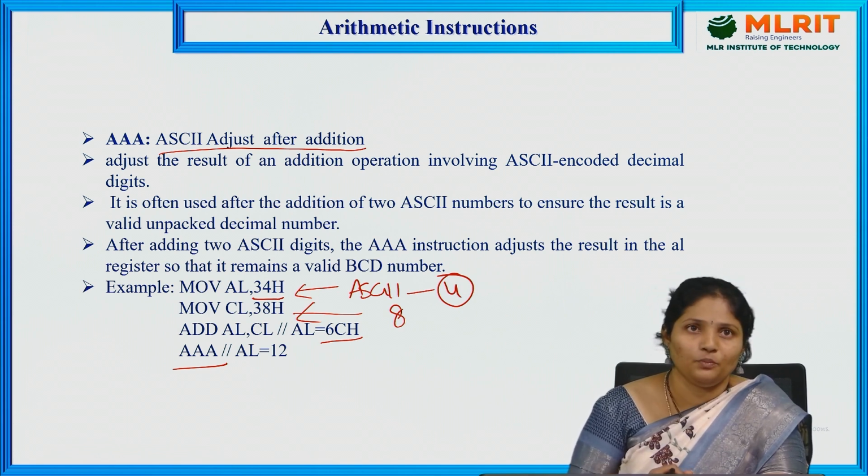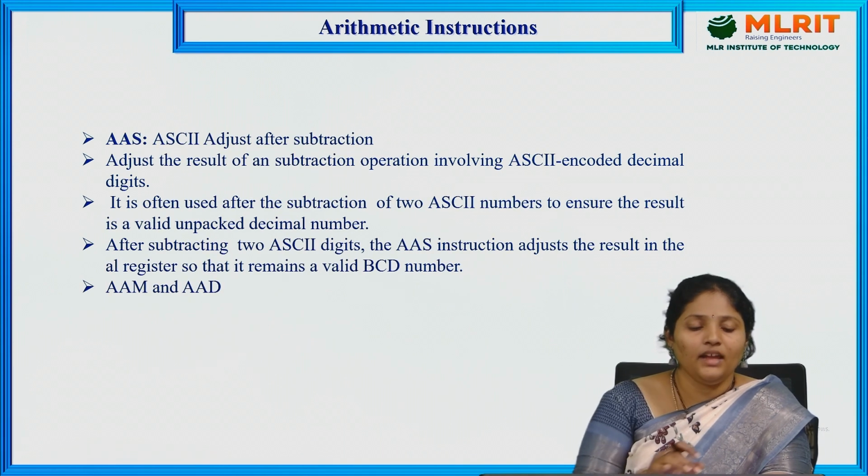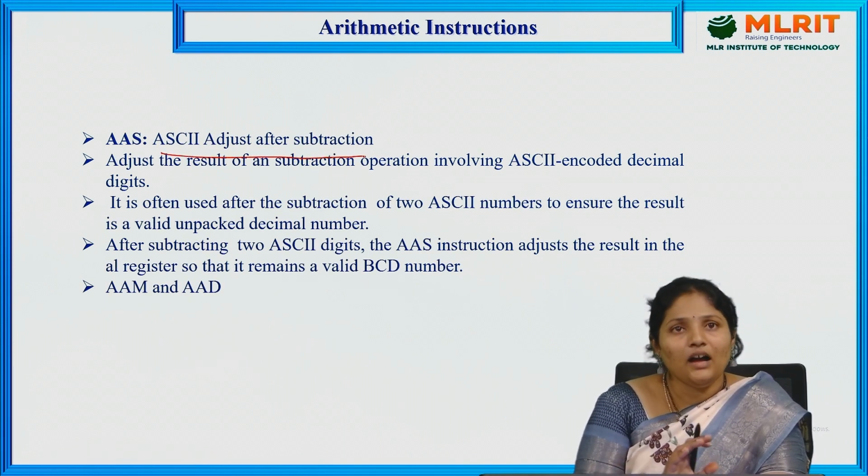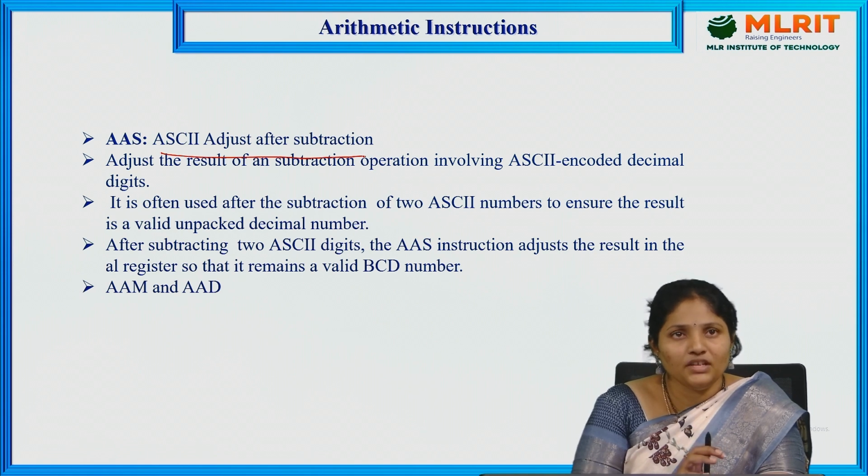Next, coming to the AAS instruction. After performing subtraction operations, we use the AAS instruction to find the binary coded decimal value for the subtracted result. Then AAM and AAD instructions are there.